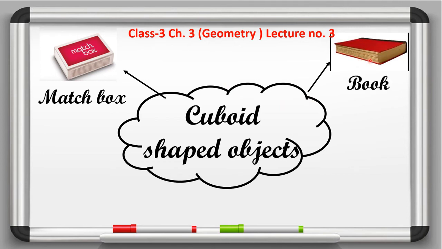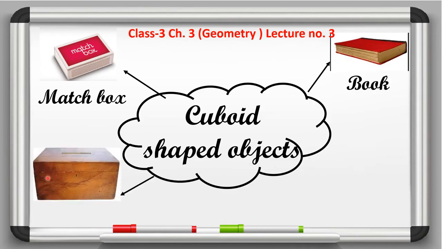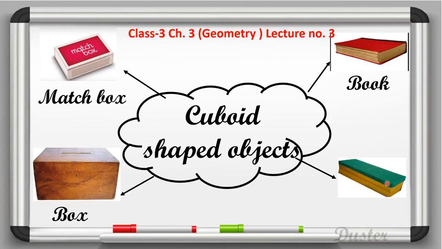This is also of cuboid shape. Okay. Next one is, what is this, beta? Which object is this? This is a box. Okay. Now the next is, yes, can you guess which object is this? That is duster. Okay. Yes.